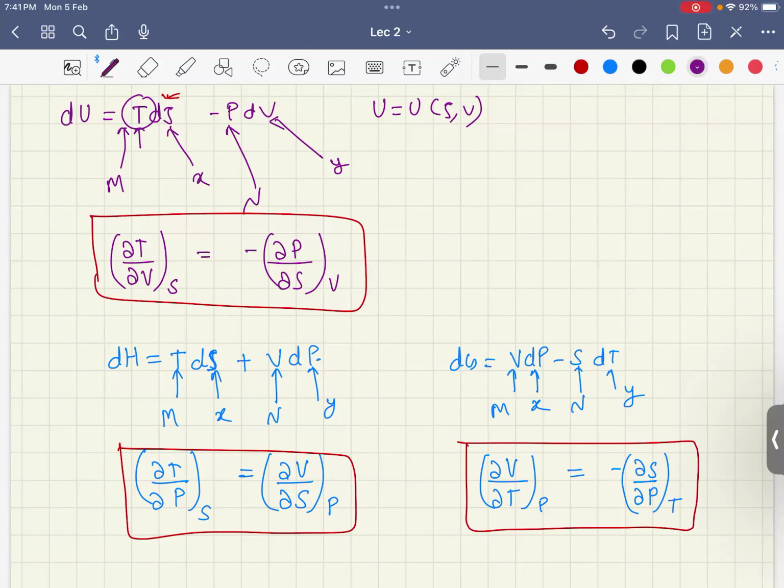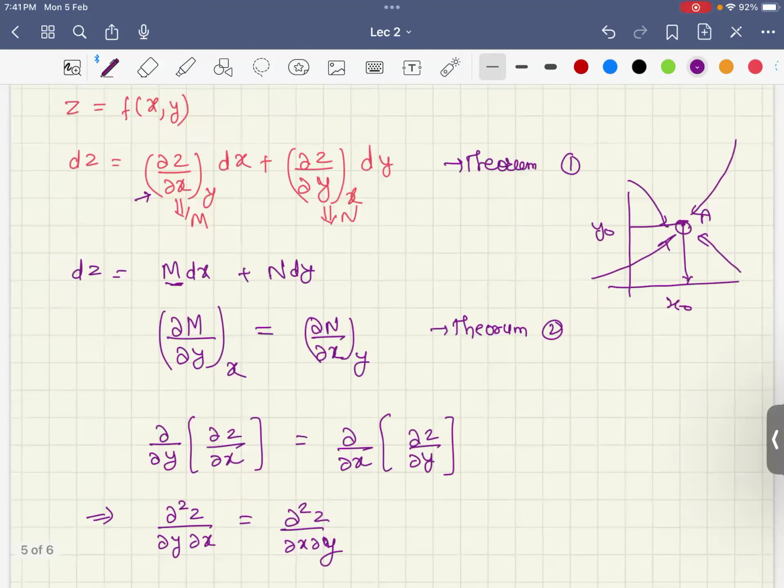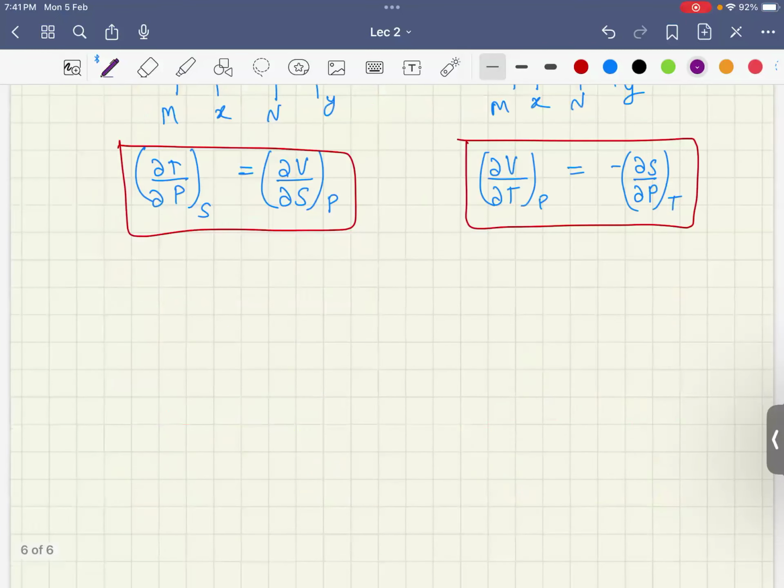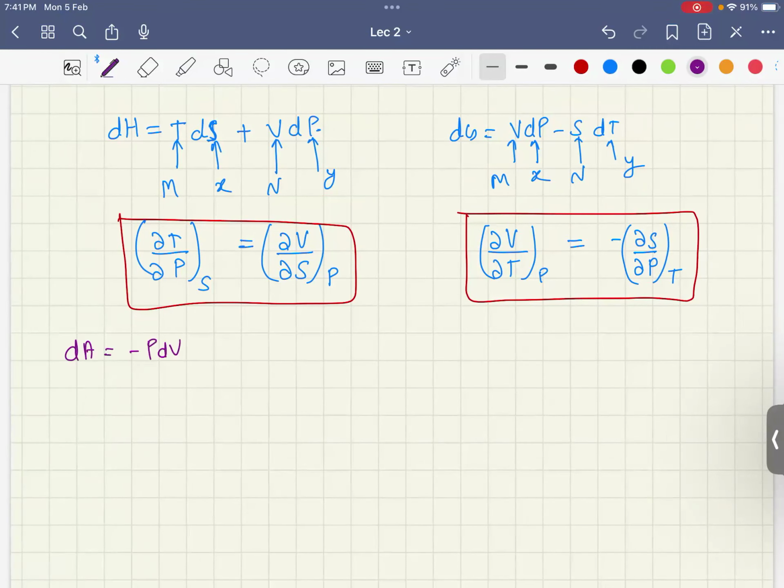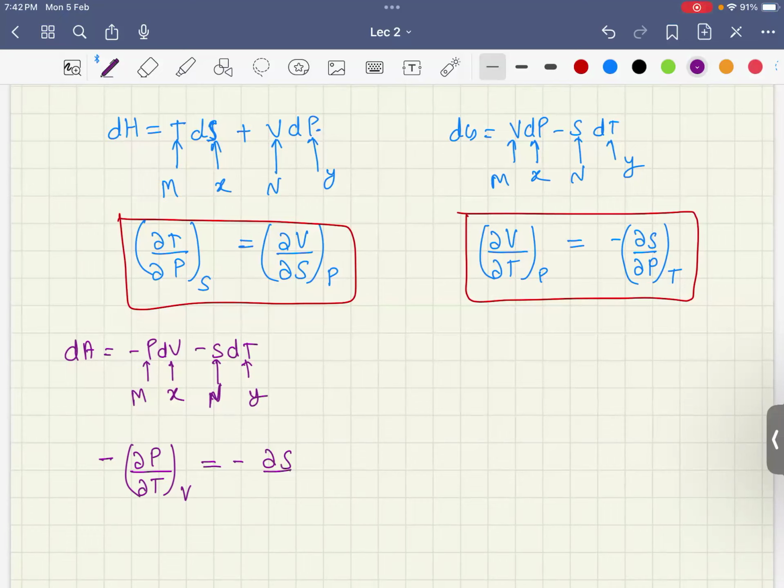And then the last one, dA is equal to minus PdV minus SdT. Now this is M, this is X, this is N, and this is Y. Now minus dou P upon dou T at constant volume is equal to dou S upon dou V at constant temperature.